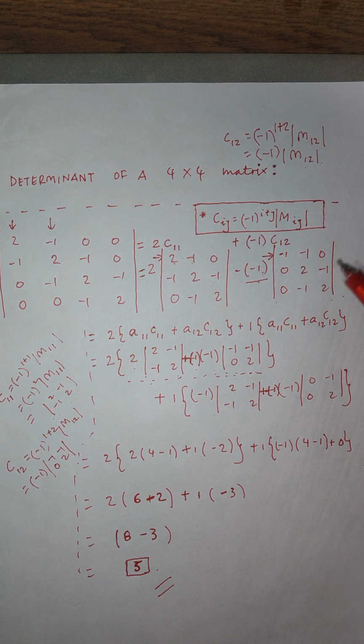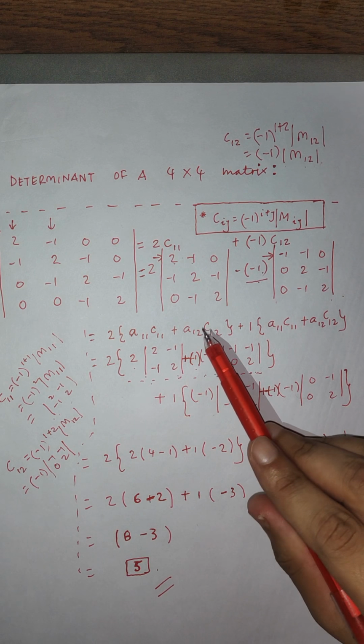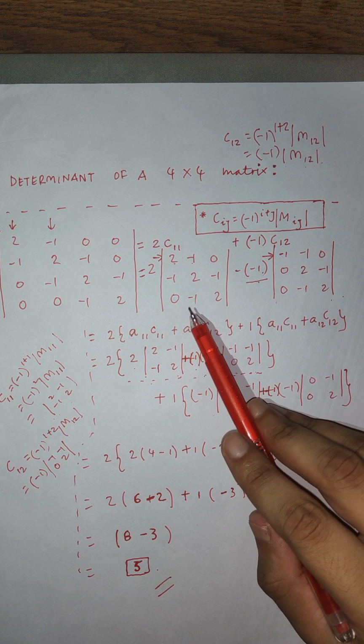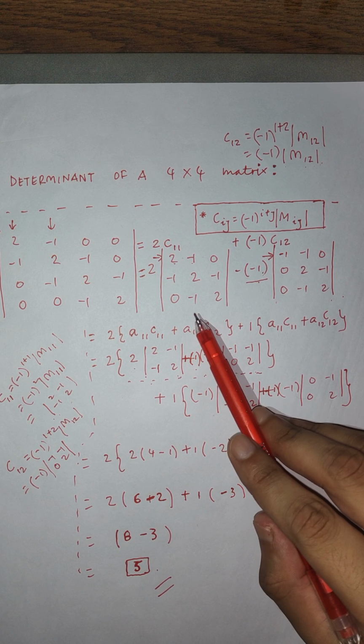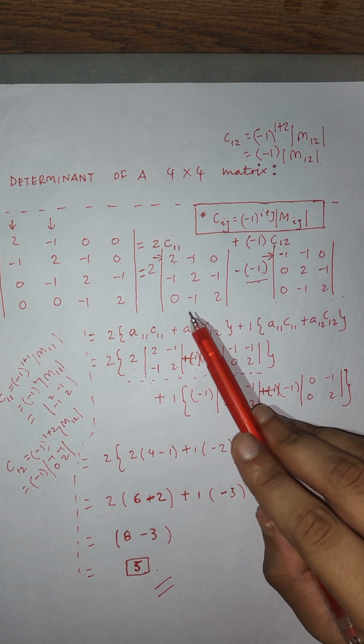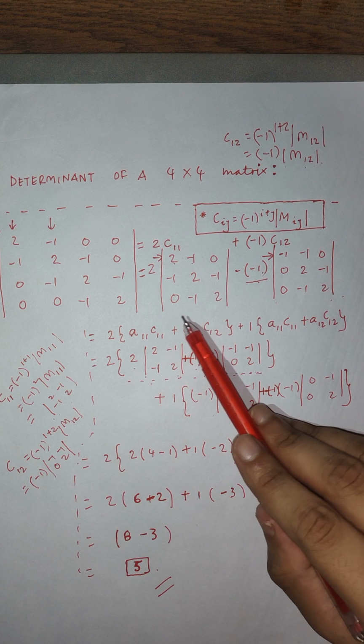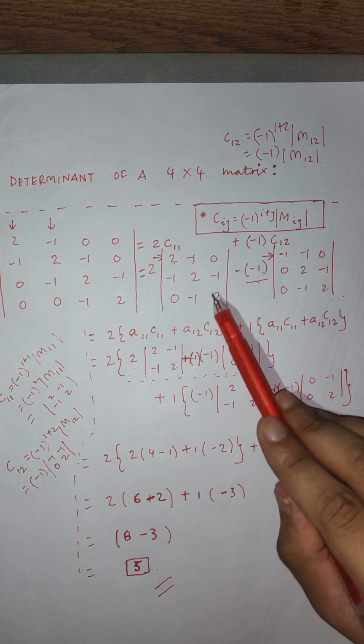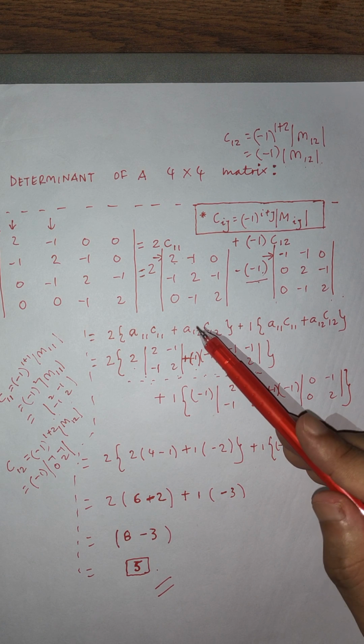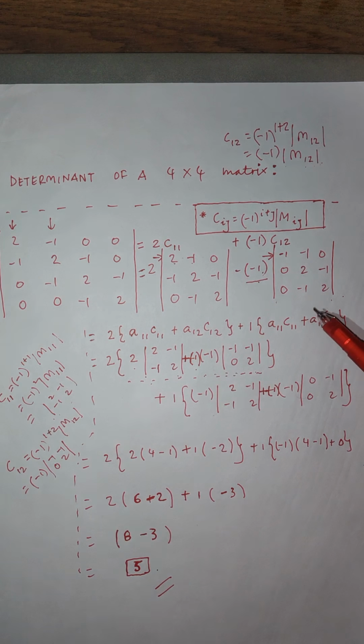Next we need to work on the determinant of this 3 by 3 matrix, just like what I've done to compute the determinant of the previous 3 by 3 matrix. You can follow the same procedure and find the determinant of this 3 by 3 matrix.